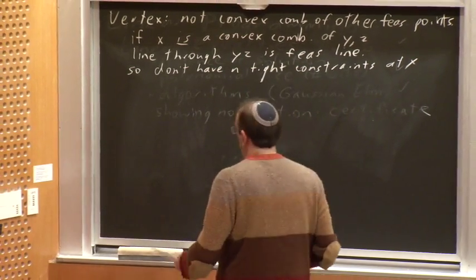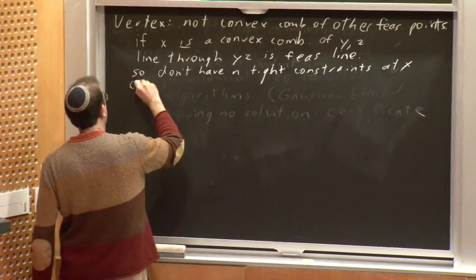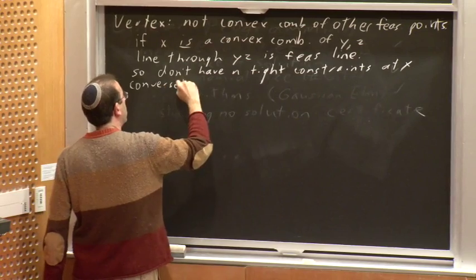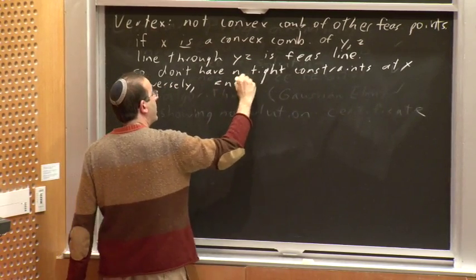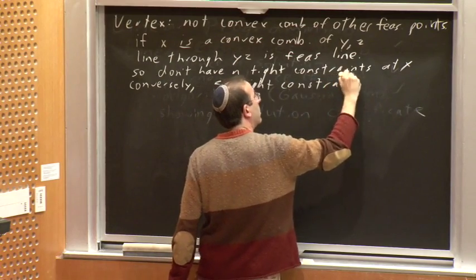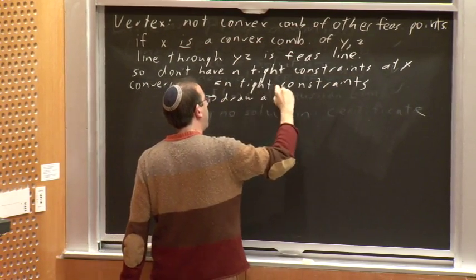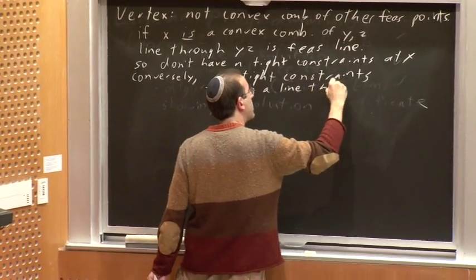Okay. And it works the other way around too, right? So conversely, if I have less than n tight constraints, that lets me draw a line through x.